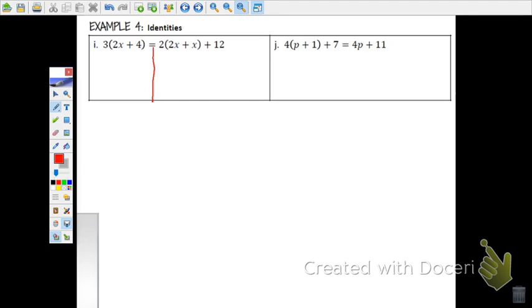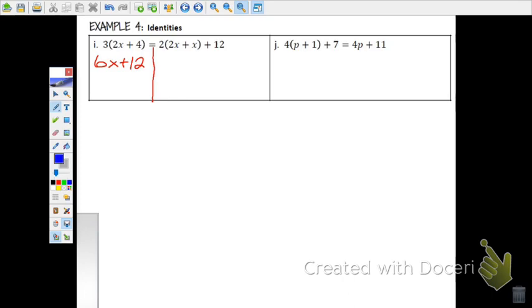So when I look at this first one, on the left side, I need to distribute to get 6x plus 12. Okay. Cannot add those two together. They're not like terms, so I'm going to leave that. Now I'm going to work on the right side.